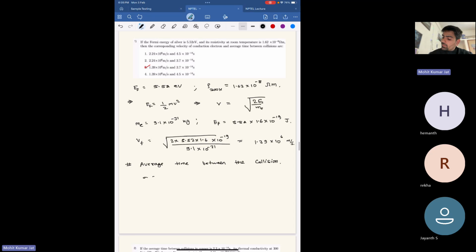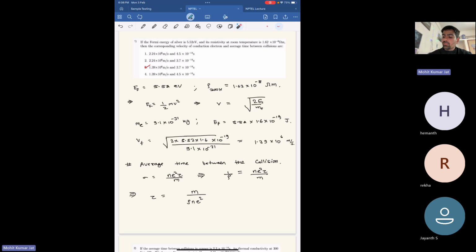We know that sigma is n e square tau by m, and I can write it as 1 by rho, that is the resistivity, equals n e square tau by m, and what I have to compute is tau, so that will be m by rho n e square. So rho has already been given, that is 1.62 times 10 power minus 8 ohm meter. Rho I know, effective mass I will treat as the free electron mass, and electronic charge I know. All I'll have to know is n, the carrier density.